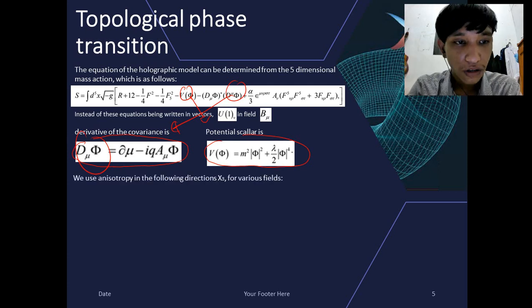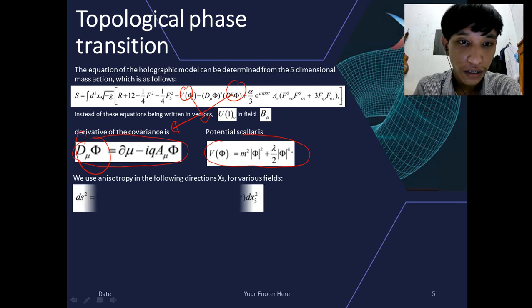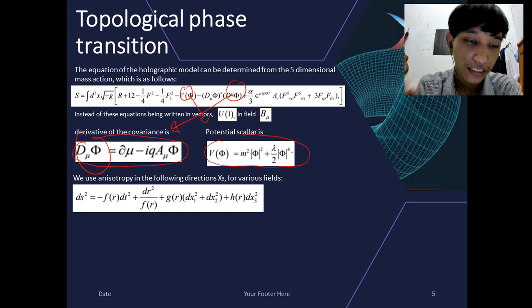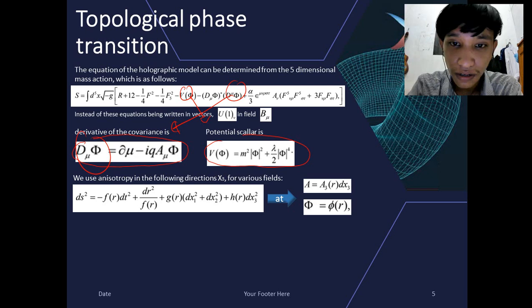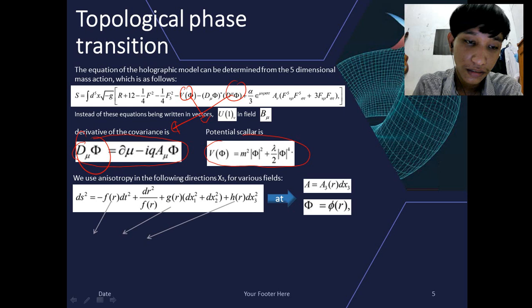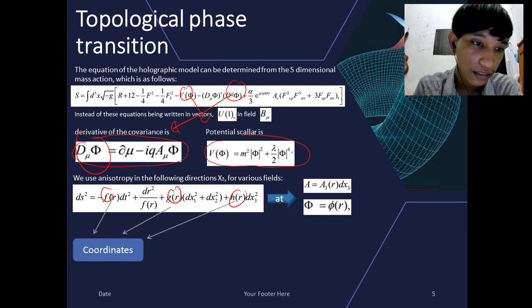We use anisotropy in the x3 direction for the various fields. You see the equations with A3(r) dx3 and the potential psi(r), and the functions f(r), g(r), and h(r) are the coordinates on the phase transition.